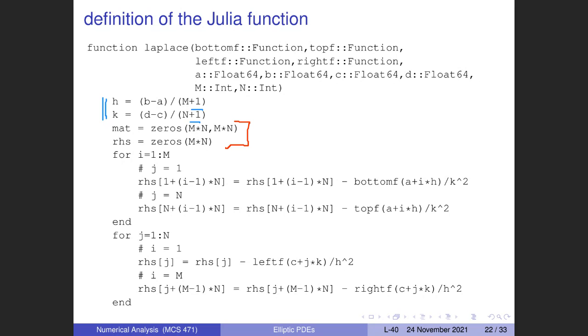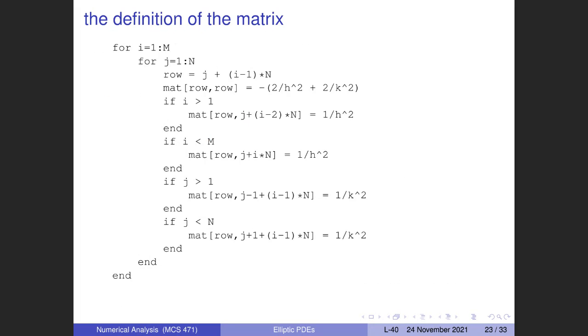So we have the cases where we are running on the bottom or running on the top, running left or running right, dividing by k square or h square with the indices. So here is where we do the puzzling. We have the formulas for the definition of the matrix. The correctness of this function here depends on the correctness of the formulas we derived earlier.